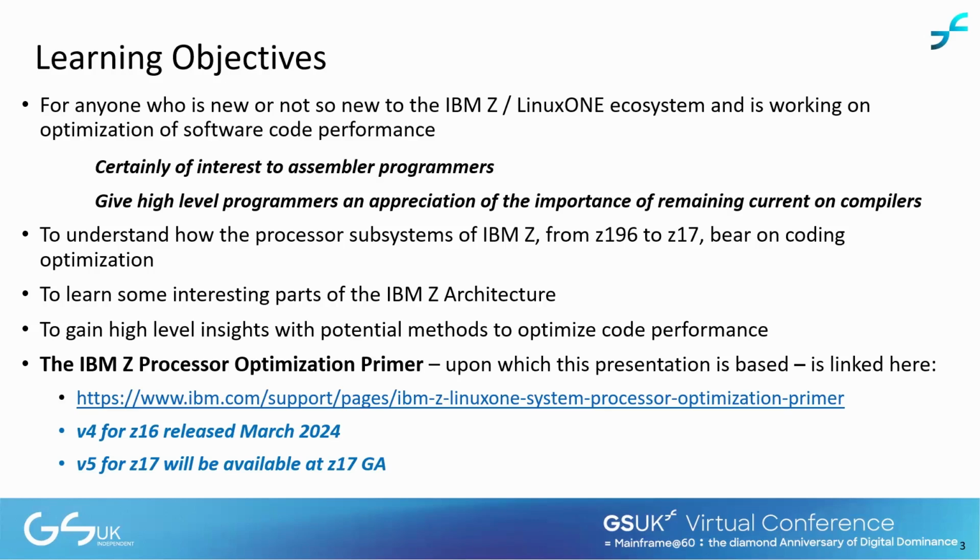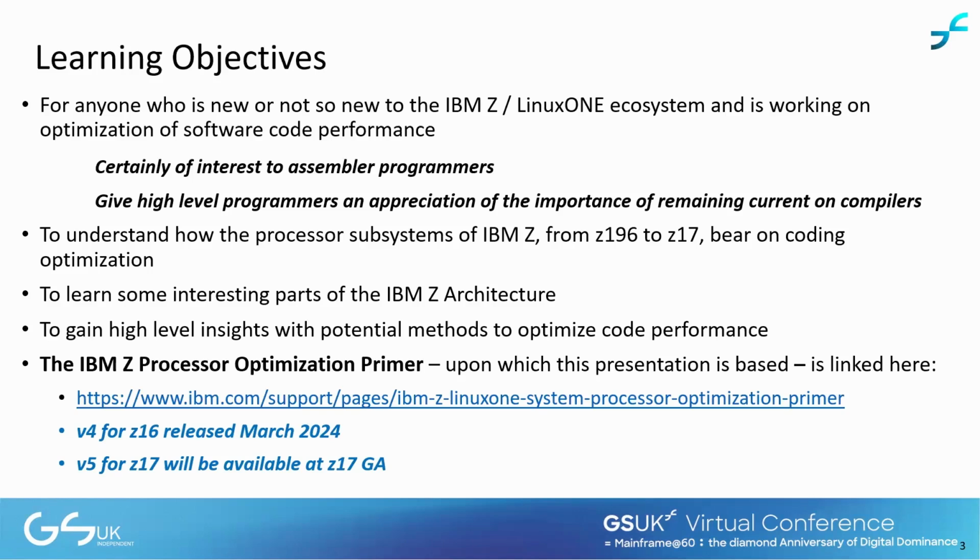They didn't want to read the phone book thickness of the Principles of Operation. They wanted the short version, the Cliff Notes version, for somebody who already knows computer architecture, for people who would be programming on System Z. And so that's what this document really is.